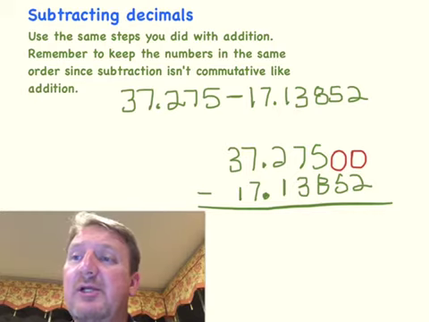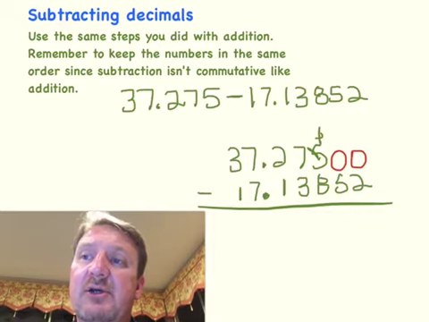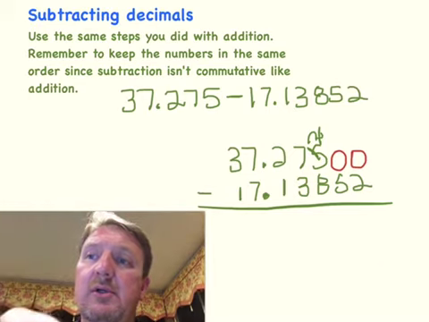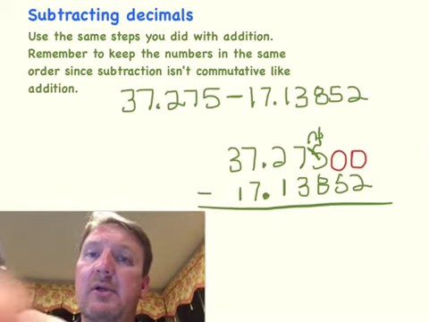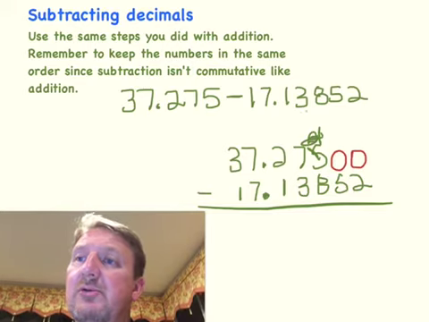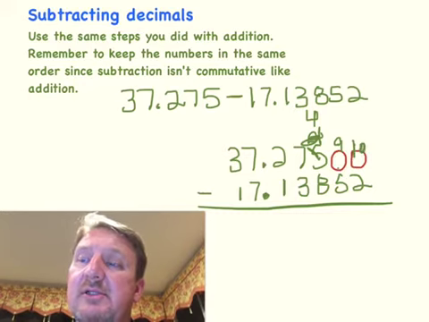So I can't subtract 2 from 0, and I can't borrow from this 0, so I have to go all the way over here and borrow from that 5. That's going to change it into a 4. This first 0 turns into a 10, and then I borrow from that, and that becomes a 9, and that turns this 0 into a 10.